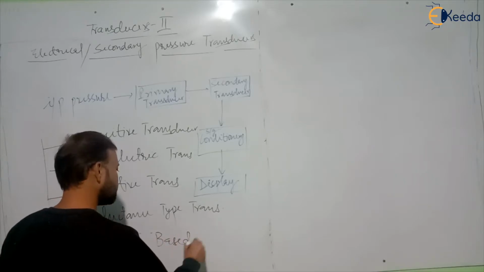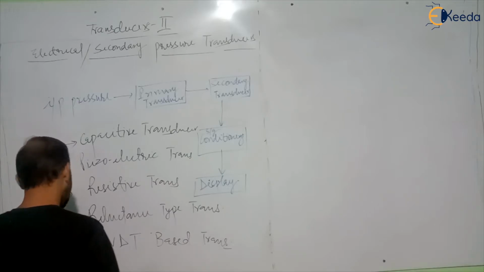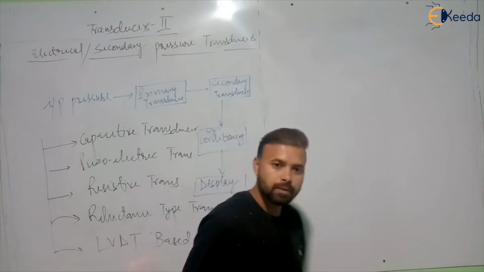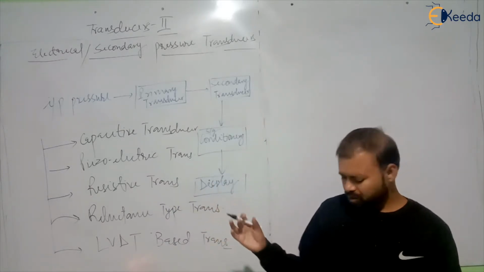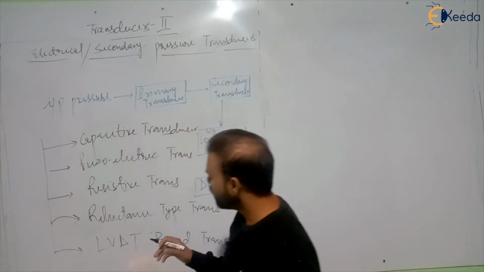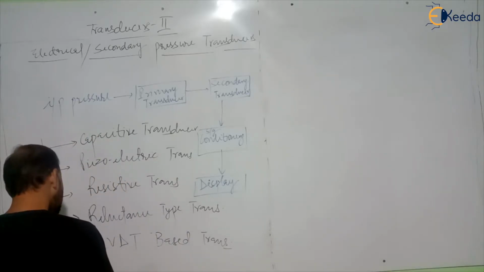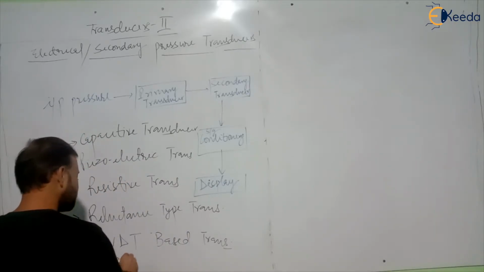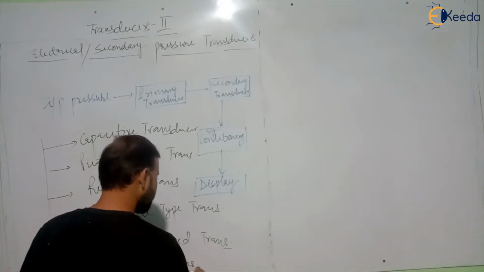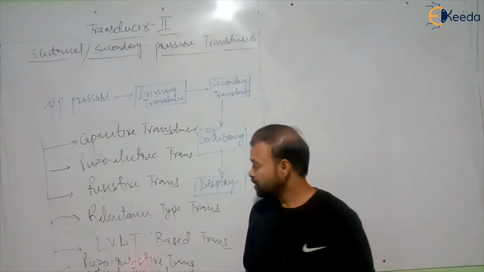There may also be piezoresistive transducers. So there are many more types of secondary transducers possible. Let me write this also: piezoresistive transducers. So these types of secondary transducers are possible.